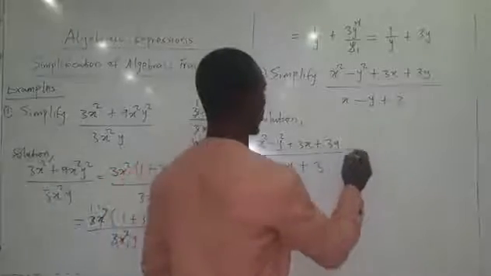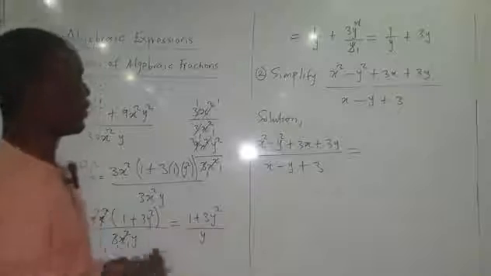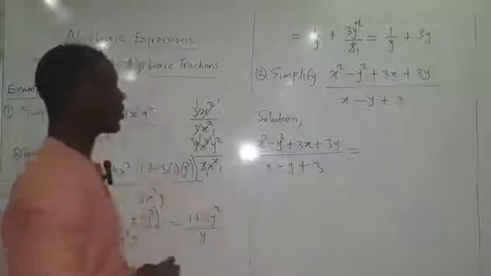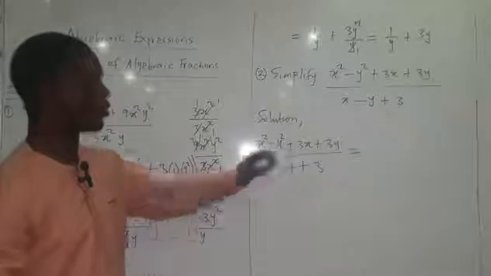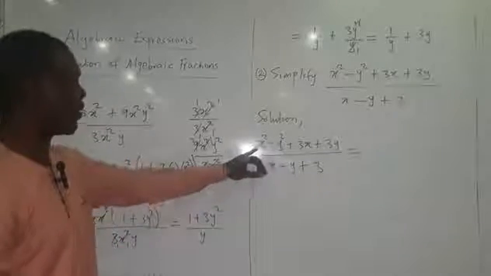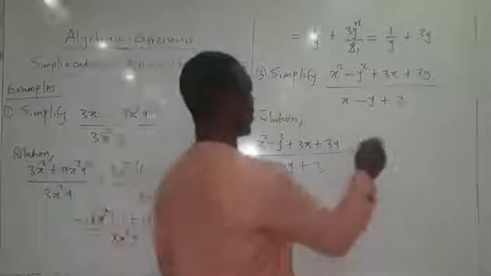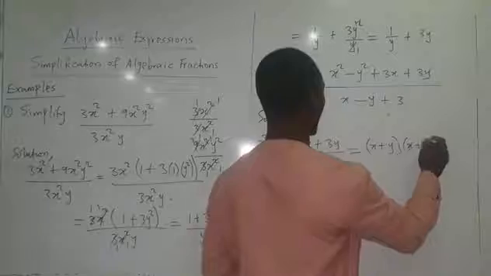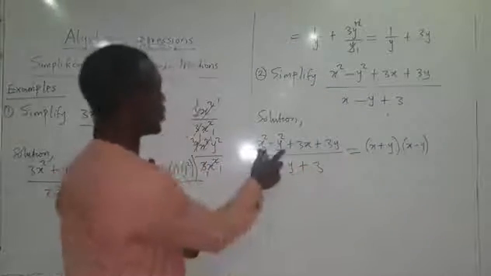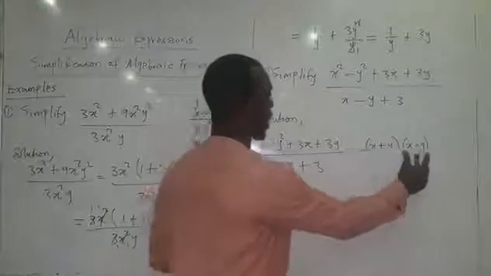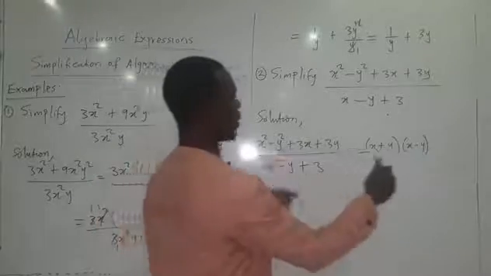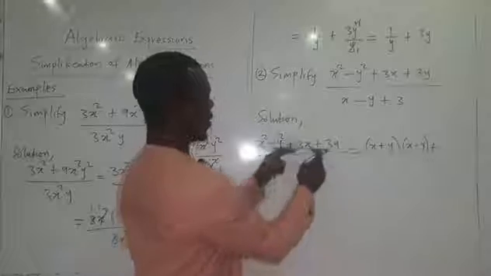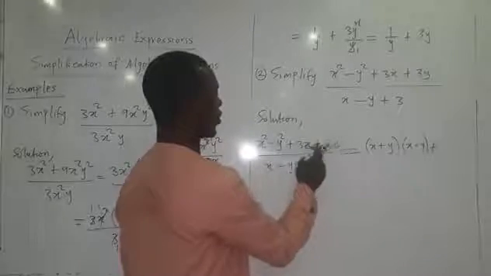So we have x squared minus y squared plus 3x plus 3y all over x minus y plus 3 equals to, if you look at the first two terms in the numerator, we have x squared minus y squared. We call this difference of two squares, which gives us x plus y, x minus y. Then, the third and fourth terms have a common factor, which is 3.